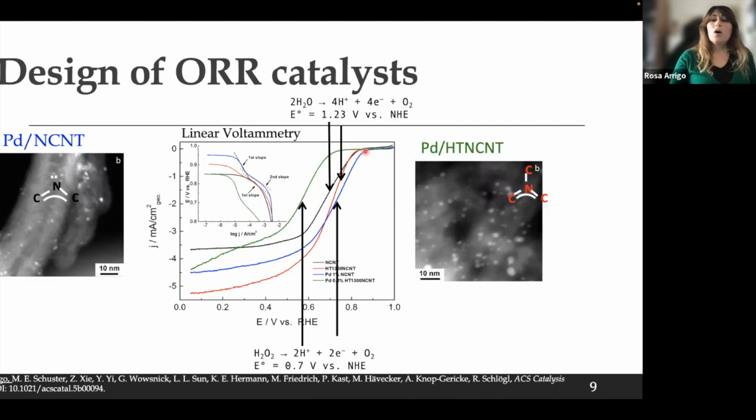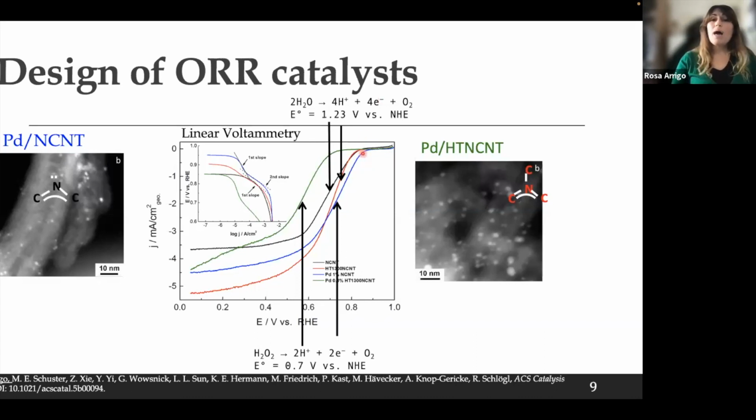When we have palladium on the NCN, on this black one, we see a shift of the onset potential towards higher value, which means a lower overpotential, which is good, and still predominant for electron transfer.